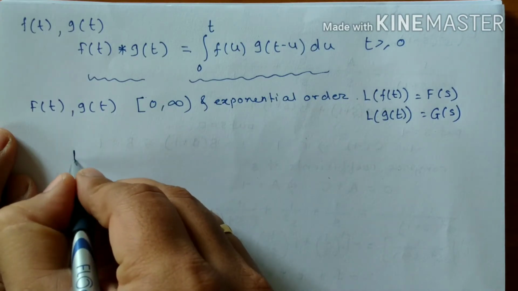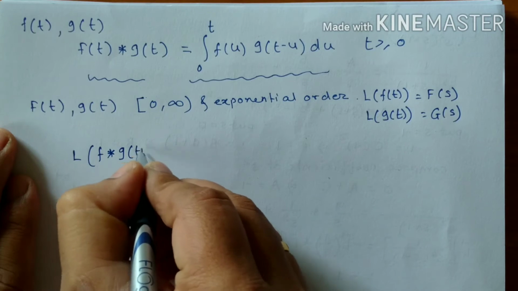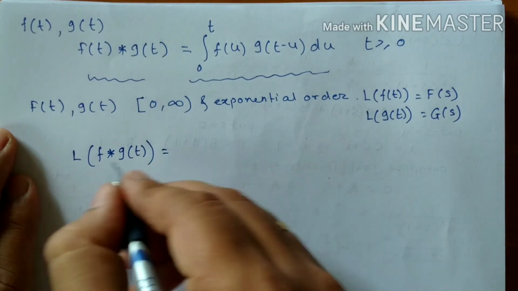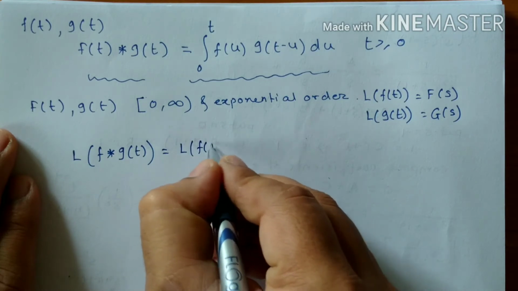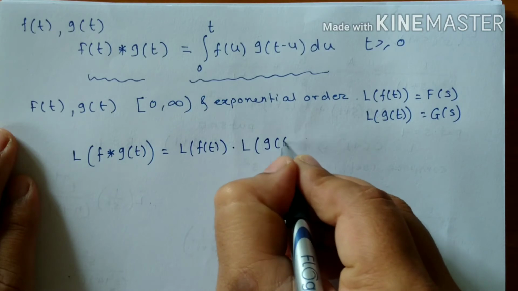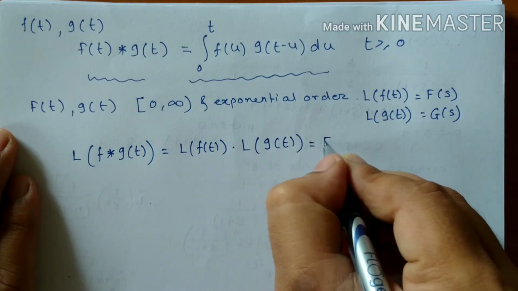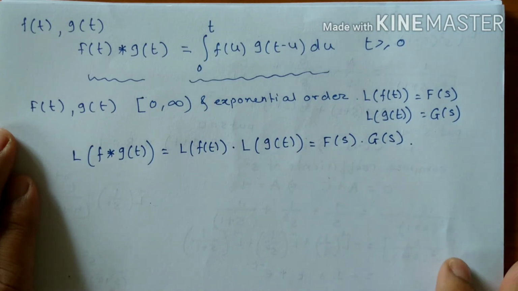Then Laplace transform of f convolved with g of t is equal to Laplace transform of f of t into Laplace transform of g of t, that is capital F of s into capital G of s.